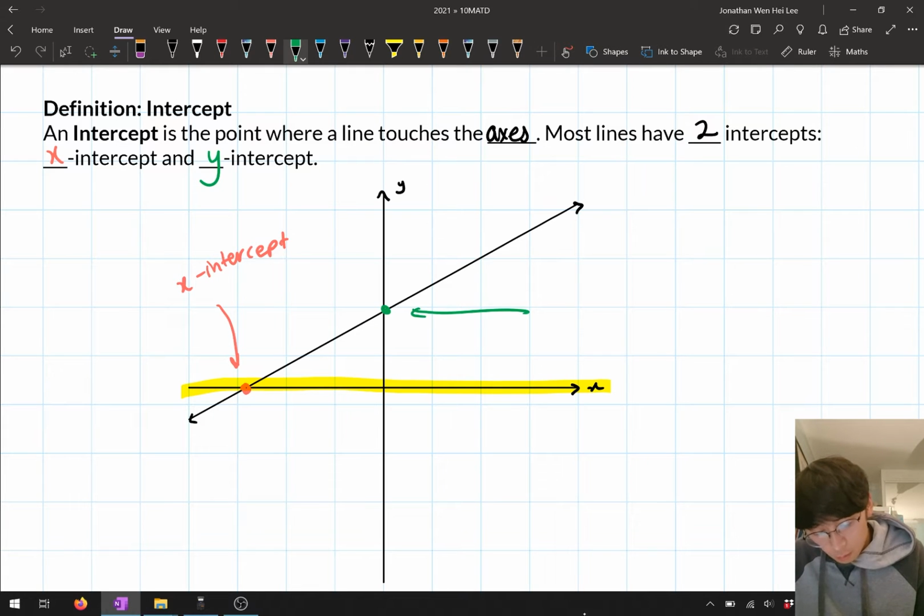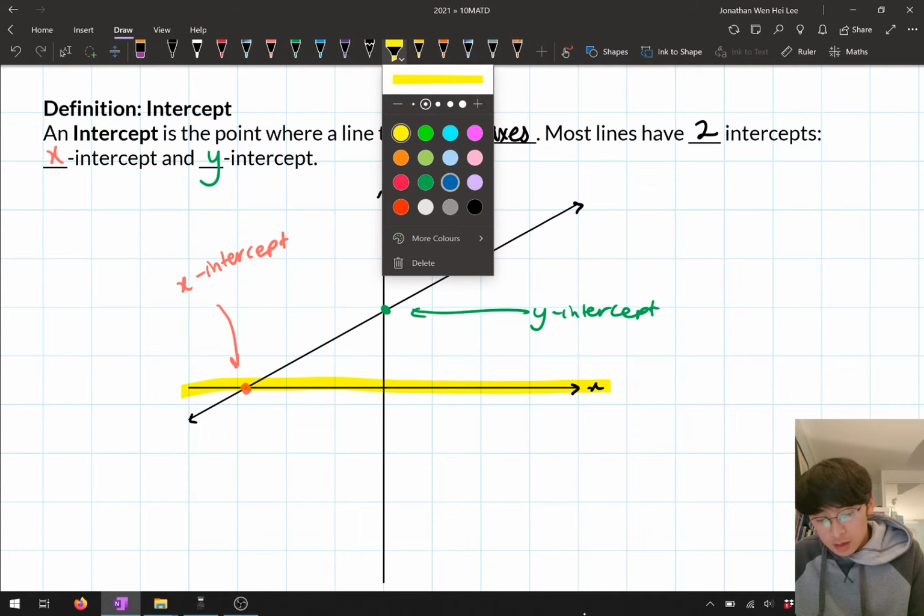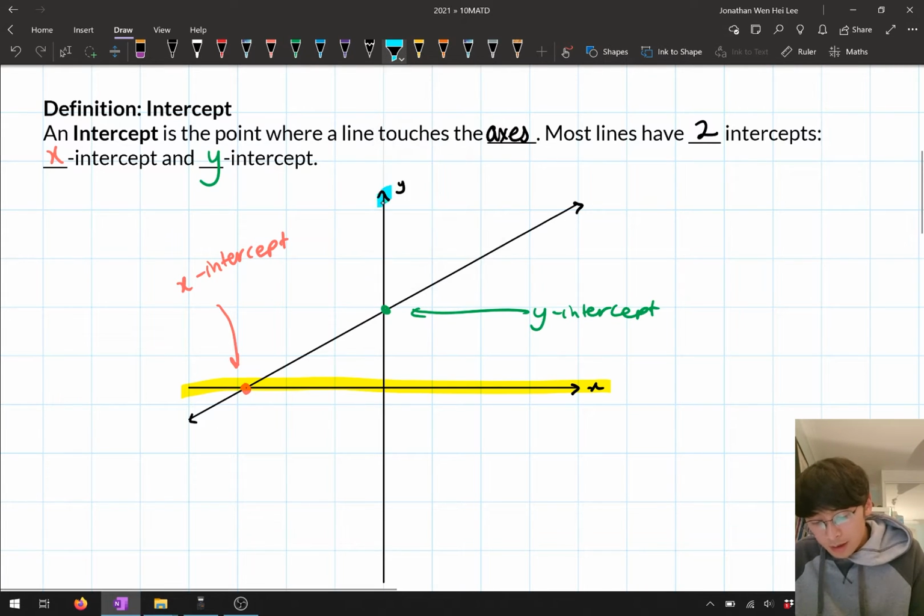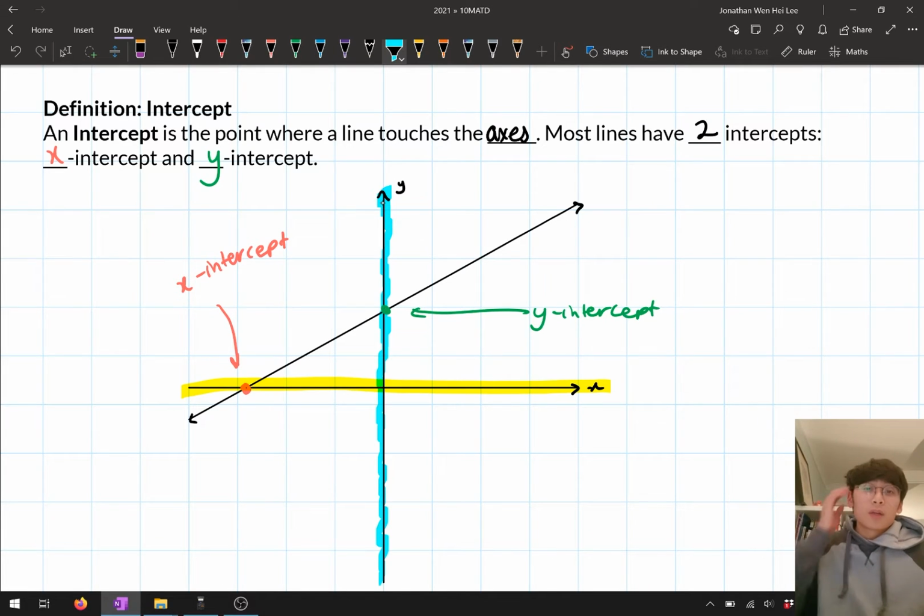This one is our y-intercept, where the line touches the y-axis along here. And by the end of today we need to be able to find those intercepts, sketch them on a Cartesian plane and draw a line through them. So that's what we're going to be doing.